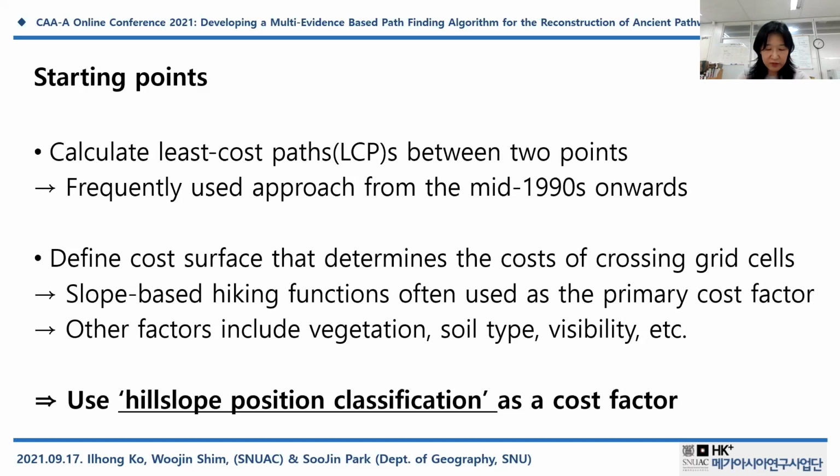Now, a review of the literature will show that slope-based hiking functions have often been used as the primary cost factor in these modeling approaches. And in addition to this, some other factors that have been used include vegetation or soil type, visibility. Now, in the case of our study, what we have tried to do is utilize hill slope position classification as a cost factor.